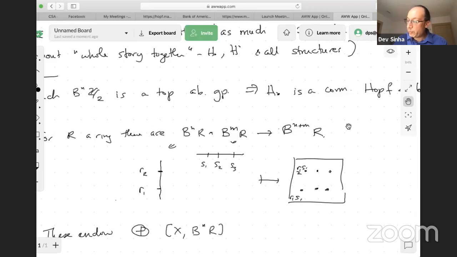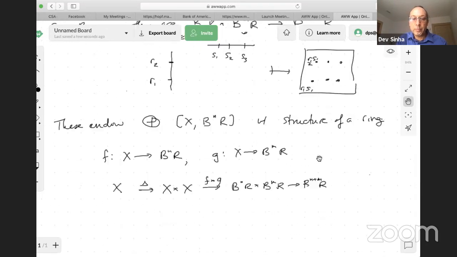Now this object that we're representing is a ring, because if I have some f from X to B^n R and g from X to B^m R, I can just take the product, use this clever multiplication, and then precompose with the diagonal, and I get a map from X to B^(n+m) R.